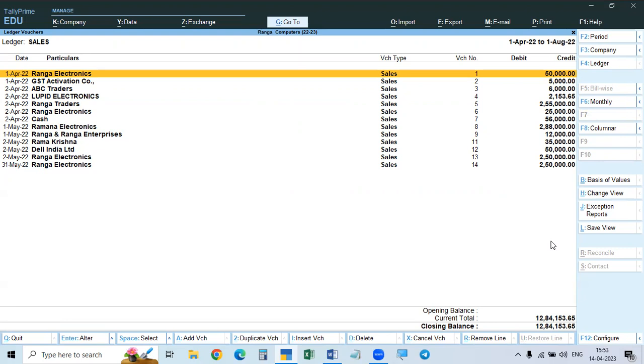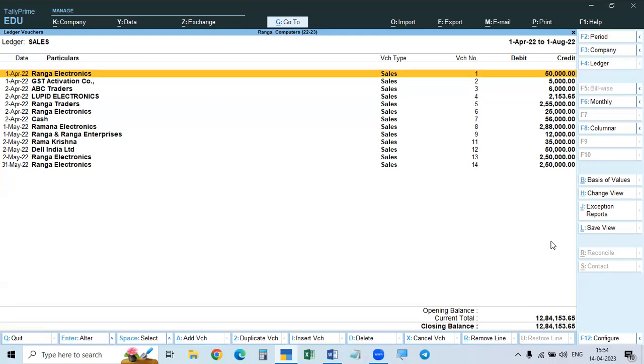So for any reason, if you want to reduce the balance of the customer, which is a debit balance, he will issue a credit note. If you want to increase the balance, he will issue a debit note. So what are the different situations when the seller has to reduce the buyer's account, that is, the customer's account?